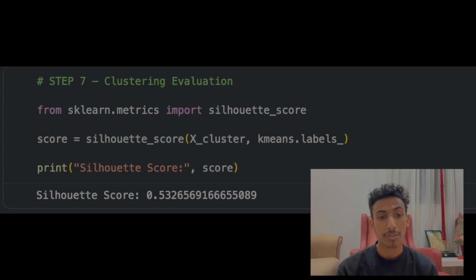It is not perfect, but it shows that the model is doing a good job in grouping similar data points together. The results tell us that the patterns found by the model are meaningful and can be used for further analysis.